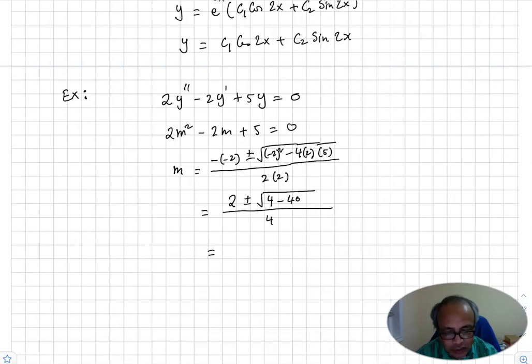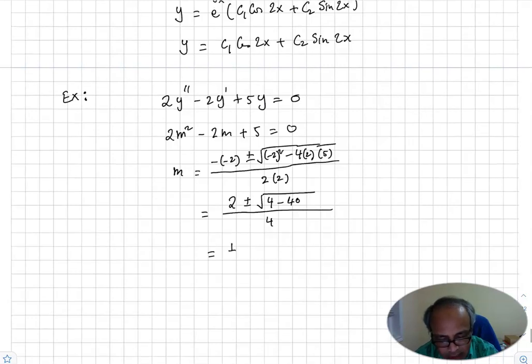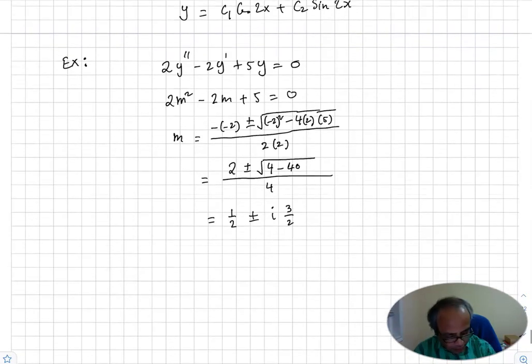Now 2 plus or minus i times 6, you can cancel out a 2, so you get half plus or minus i times 3 divided by 2.